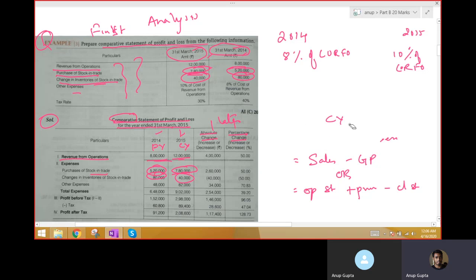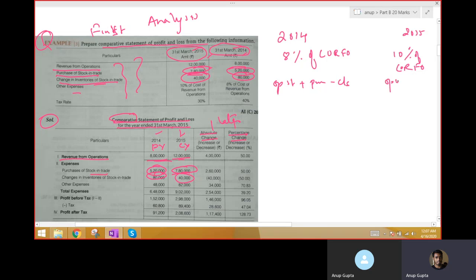For 2014, please remember the formula, or you can write it. You can go back again and copy it in the copy. So here the formula is: because the gross profit is not given, we'll take the second formula, opening stock plus purchase minus closing stock.